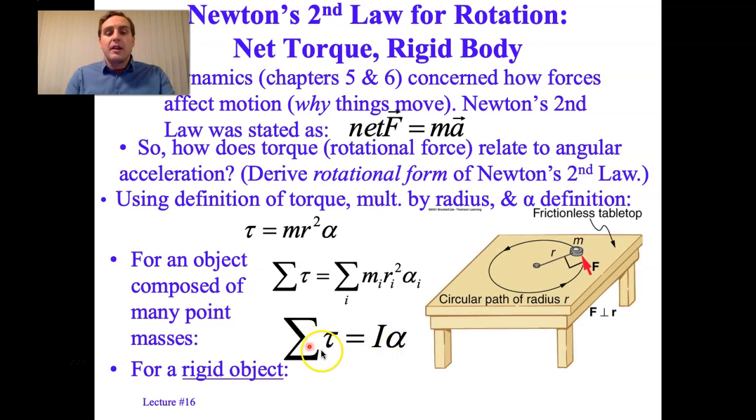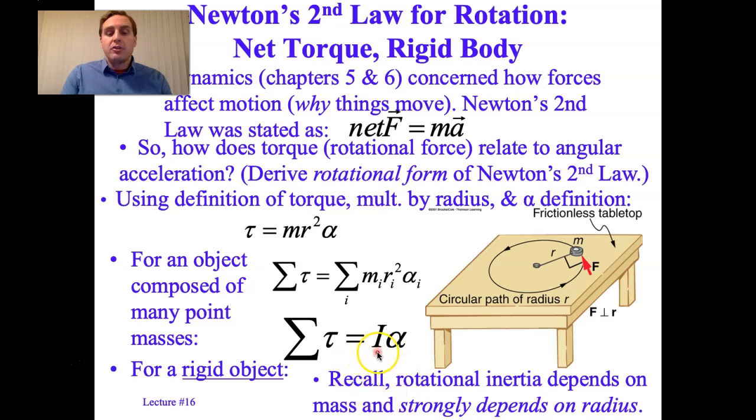Okay, so notice that if force equals mass times acceleration, and this is net force, then net torque is equal to rotational mass, which is rotational inertia, times angular acceleration. And this is exactly what we would expect.